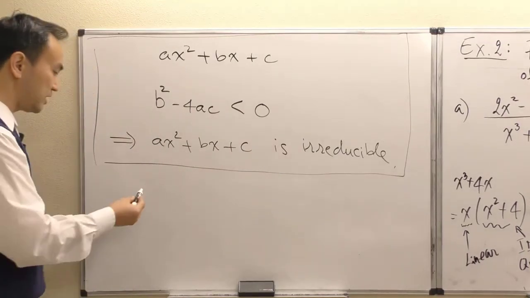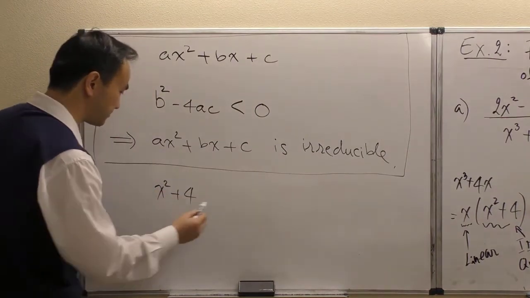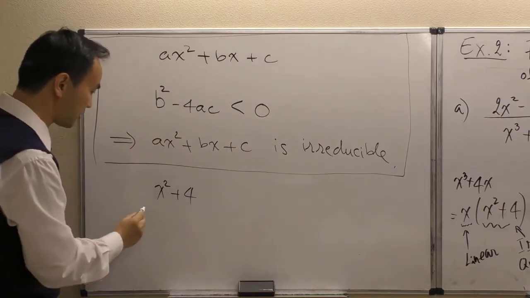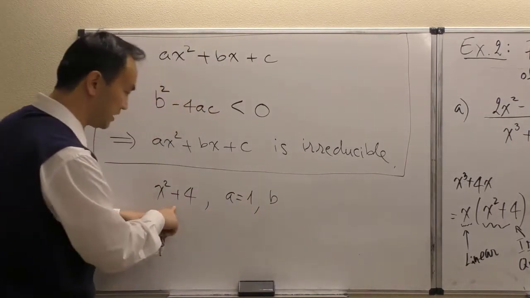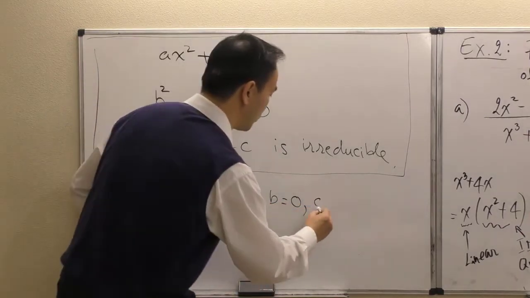So quickly in our problem here, you see x squared plus 4. In this general formula of a quadratic, a equals 1, we don't have the b term, so that means b equals 0, and this constant c equals 4.